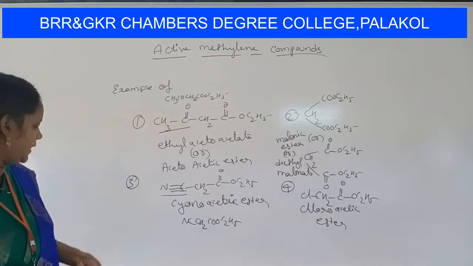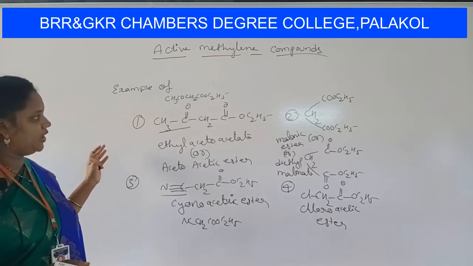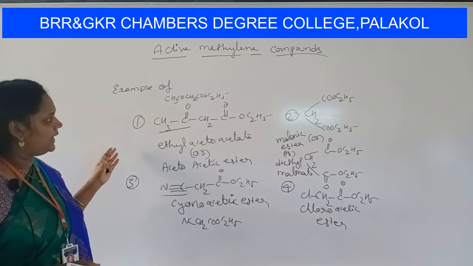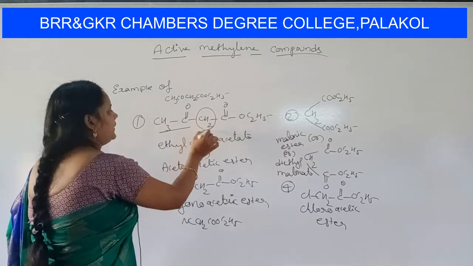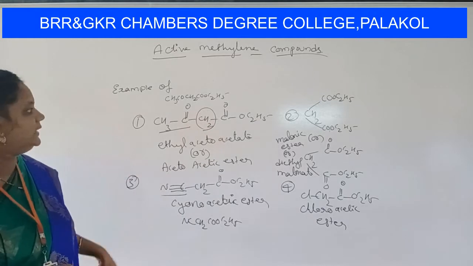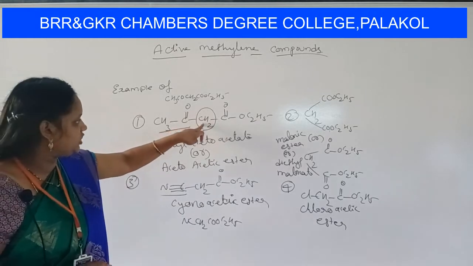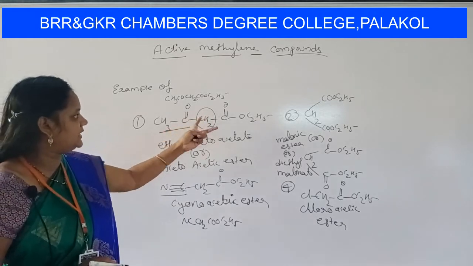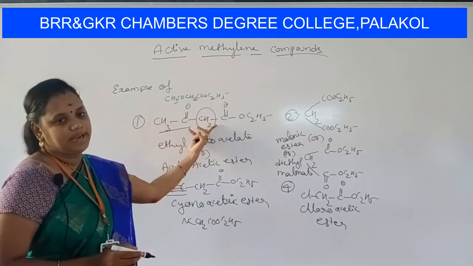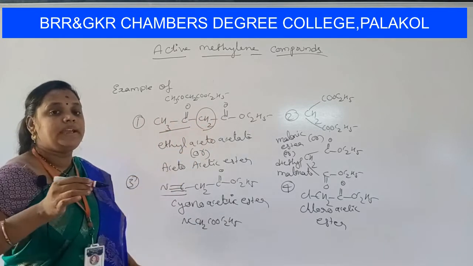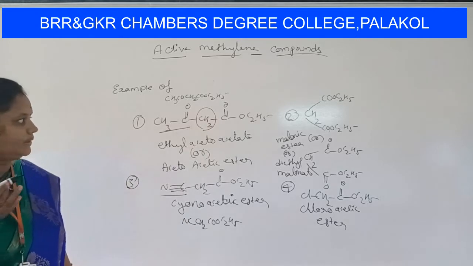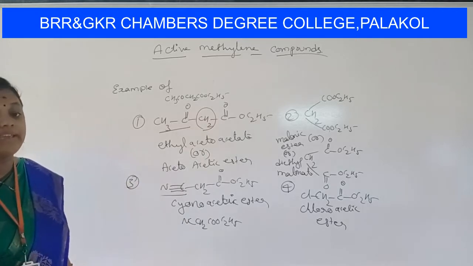Okay, students. Now let us discuss why the CH2 group is acidic. Why here is the CH2 an active methylene? Because it is connected to two strong electron withdrawing groups. Why is it called active? Because it is acidic.